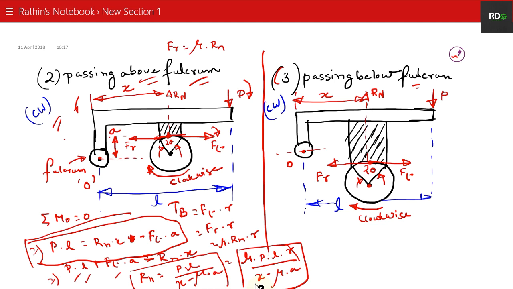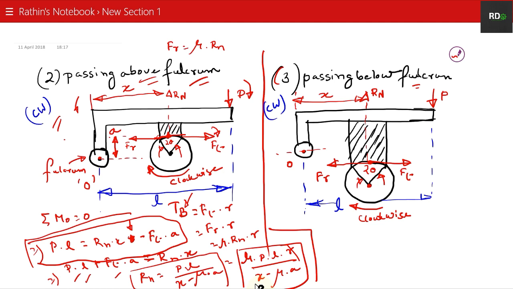For clockwise, it is as we have solved, but for anti-clockwise the term will not be minus, it will be positive, and there will be a slight change in the expression of TB.